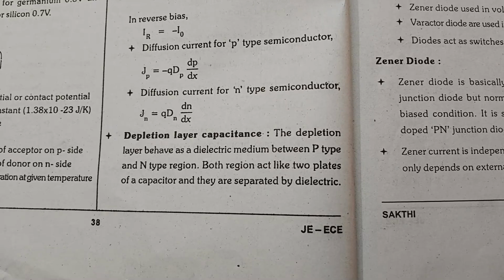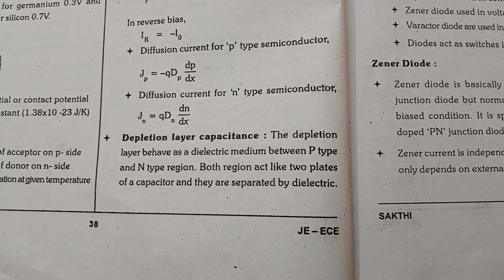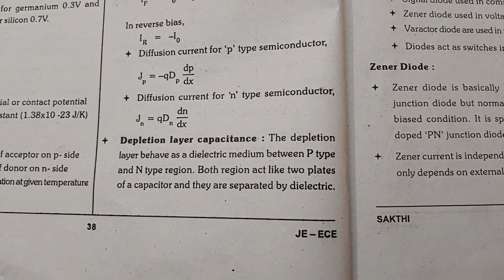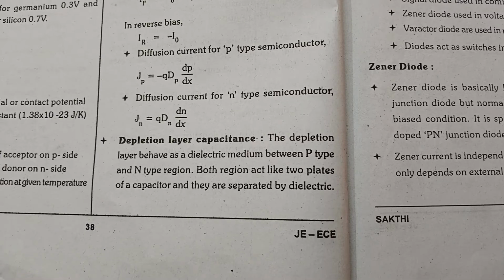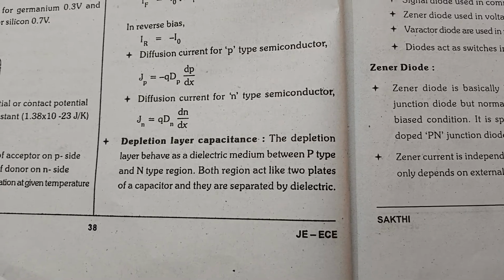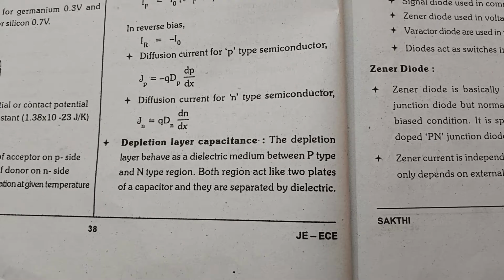Depletion layer capacitance. The depletion layer behaves as a dielectric medium between the p-type and n-type regions. Both regions act like two plates of a capacitor, and they are separated by a dielectric.